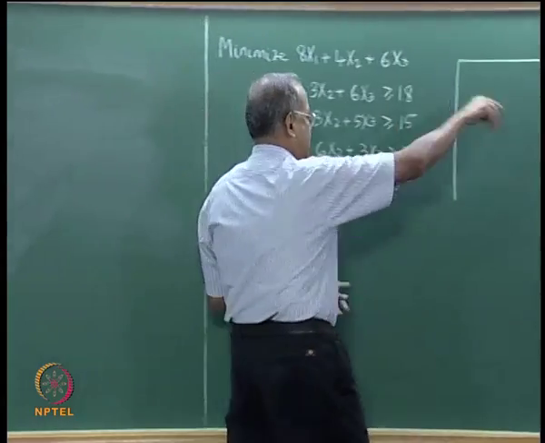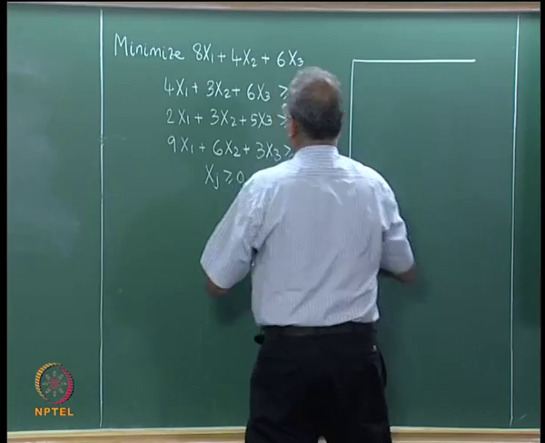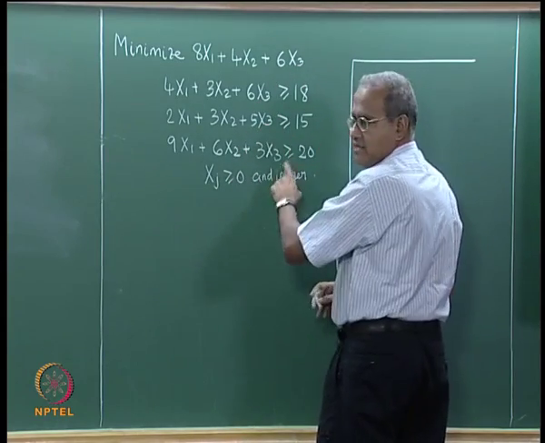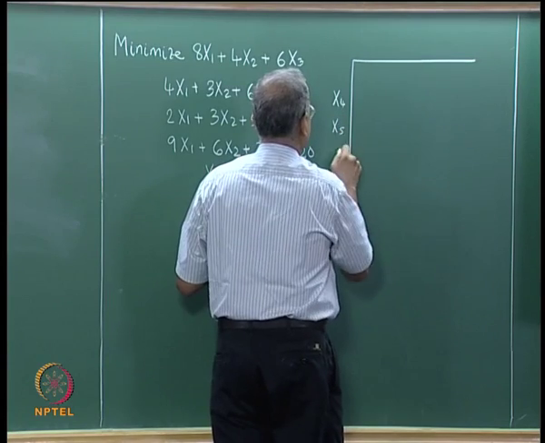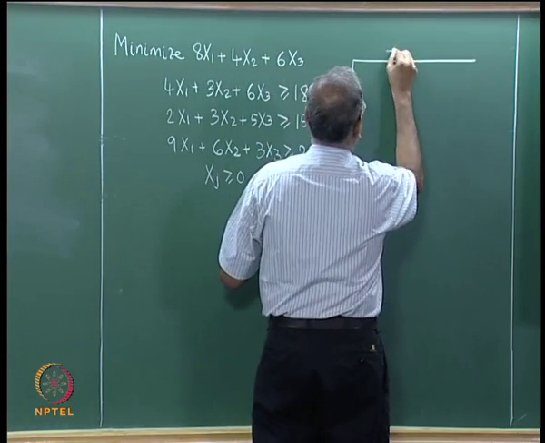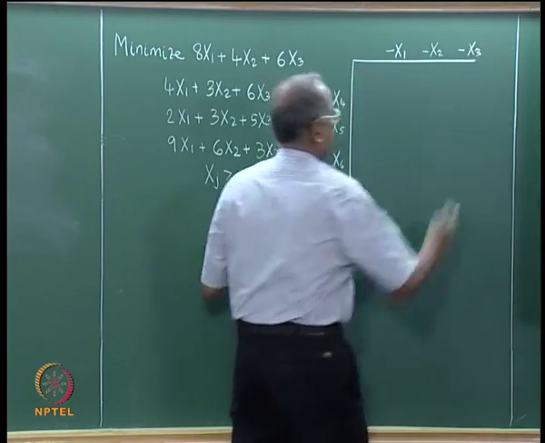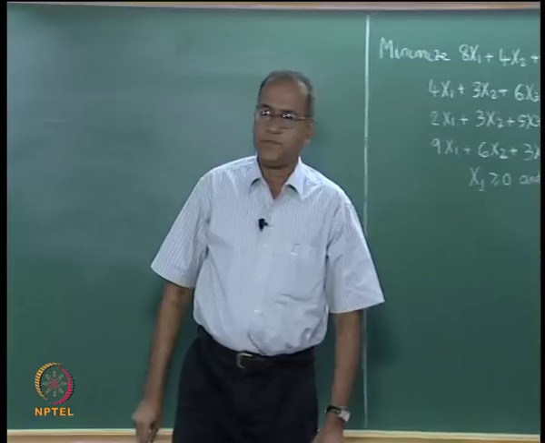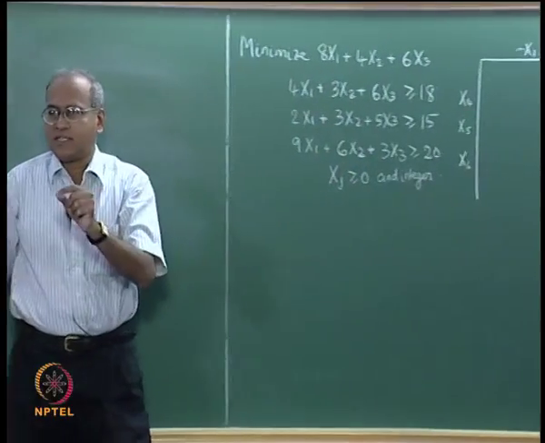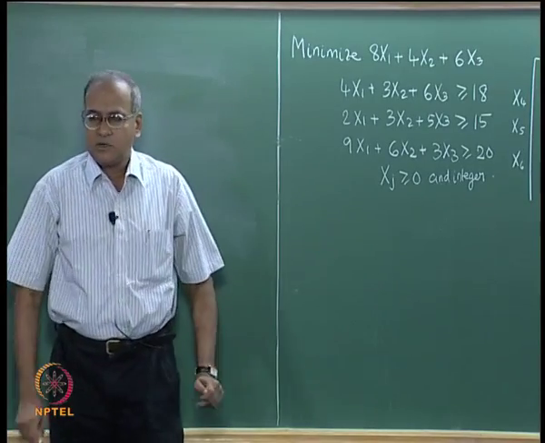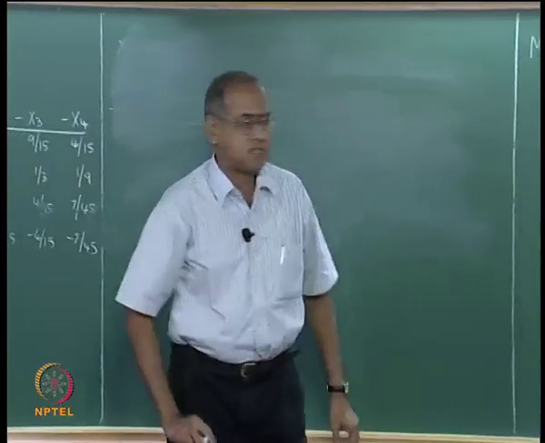So we set up the initial table. We add x4, x5 and x6, and we would have minus x1, minus x2 and minus x3 here. We are going to use an all integer dual algorithm, which implies that the dual is feasible and the primal is infeasible.